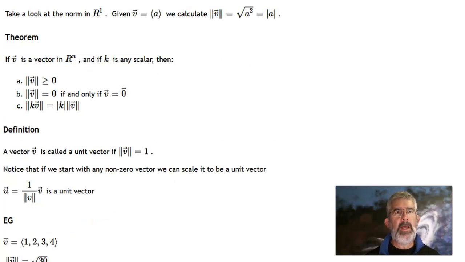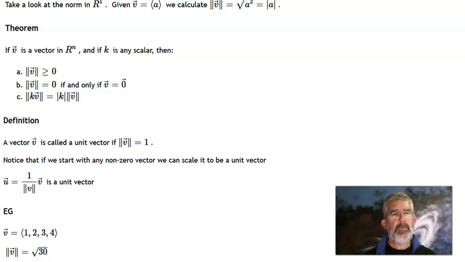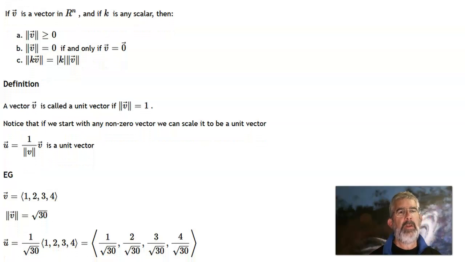Now that we have a notion of length, we have a notion of a unit vector. A vector is called a unit vector if it has length 1. Notice that if we start with any non-zero vector, we can always scale it to be a unit vector. Because of this property, if I multiply a vector by some scalar, the length is just a number, so 1 over that length is a number.